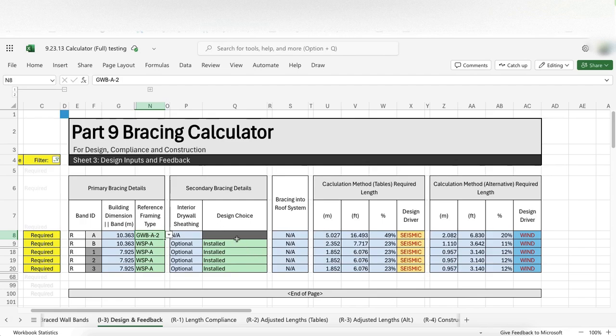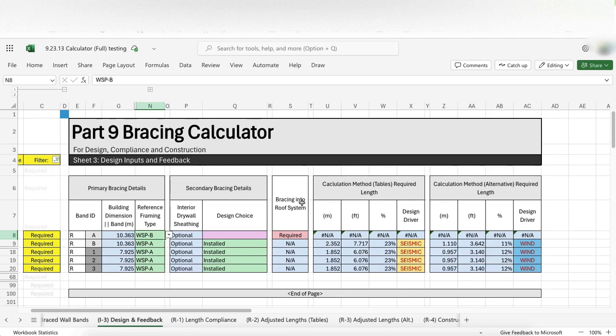One of them is that the code says that, looking at this bracing into the roof system, if you have a wall reference type that is WSPB or more heavy duty, for example, then it is required to be braced into the roof system. My understanding is that it's based on the level of resistance per lineal foot or per meter that the brace panel is providing.